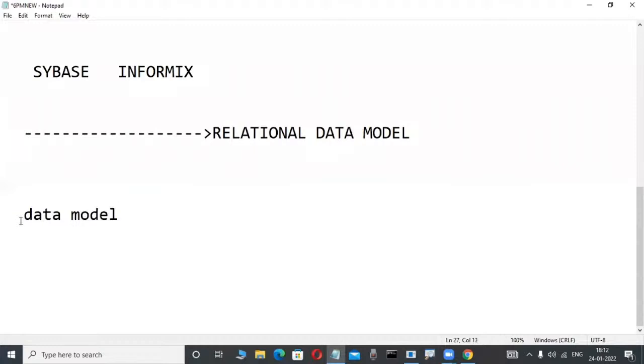Slowly observe it here. For anybody who attended the previous class, I am telling one thing. Suppose Oracle is a product. This Oracle database, or any relational database, has two types of structures, as I told in the previous classes.